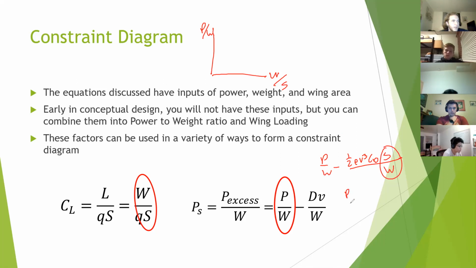So I'm going to say P over W minus 1/2 rho V cubed CD over the wing loading. And again, this CD is a function of CL, which is a function of the wing loading as well, and that equals 0. So we can see how, just knowing those two things, we can solve this equation, set it equal to 0, and solve for the velocity. And that's what we do.